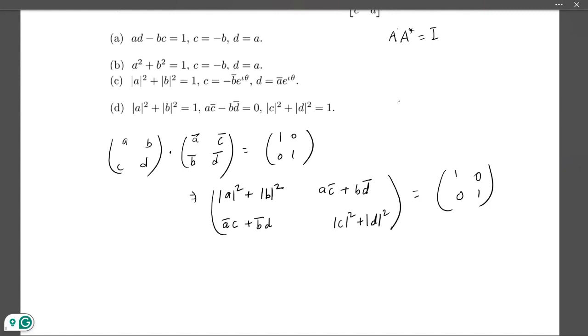The first is not enough, right? The first is not even talking about their conjugates. How can they satisfy?